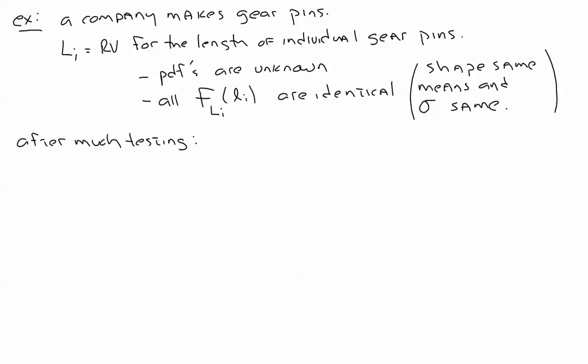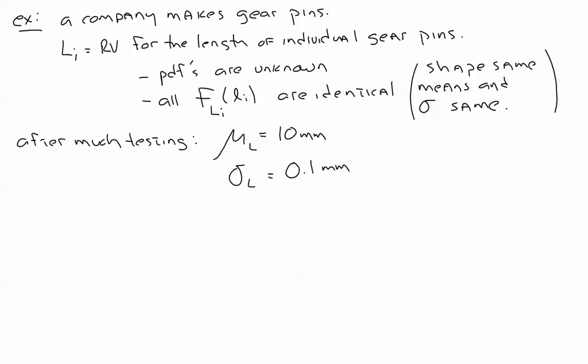And we know that the mean length is 10 millimeters, and we know that the standard deviation is 0.1 millimeters. Pretty tight tolerances. So after lots of testing, we've discovered that the mean length of my gear pins is 10 millimeters, and I have a standard deviation of 0.1 millimeters.